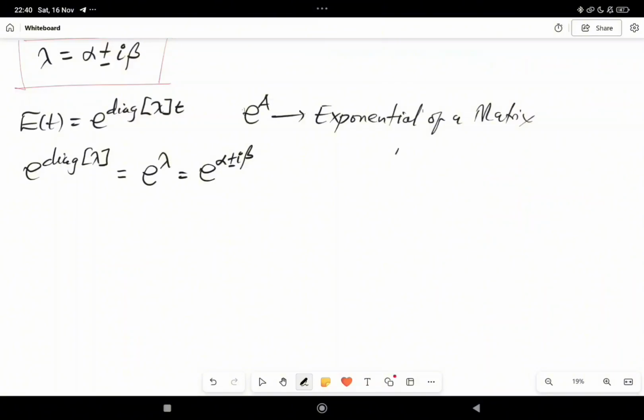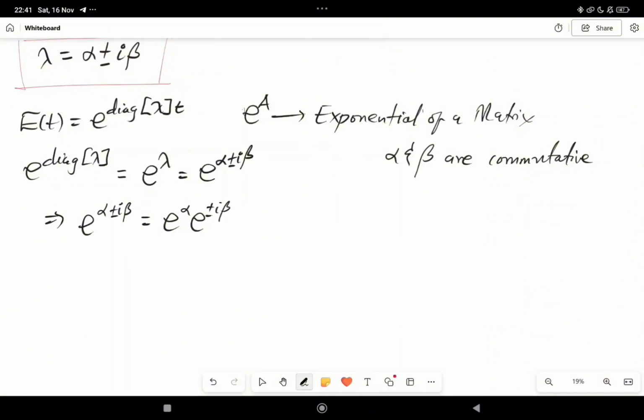Now, since alpha and beta are commutative, it implies we can write our E raised to the power alpha plus or minus I beta to be equal to E raised to the power alpha times E raised to the power plus or minus I beta.